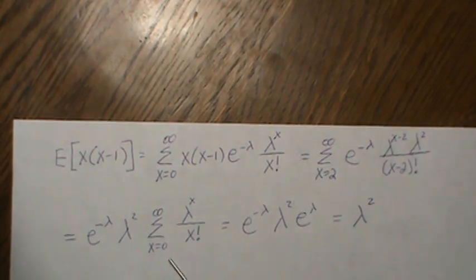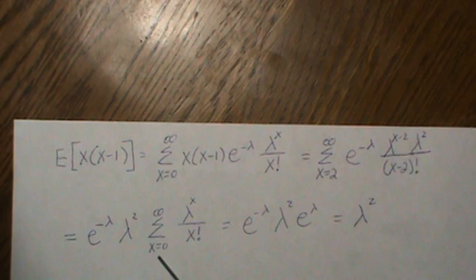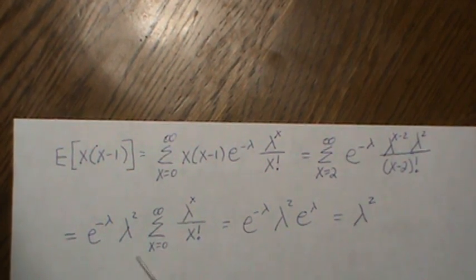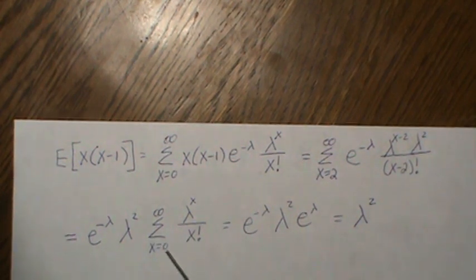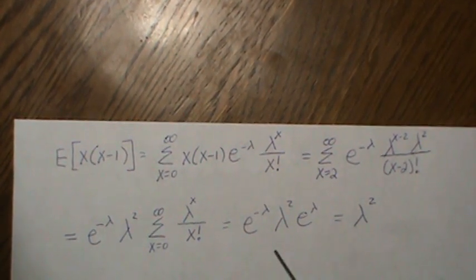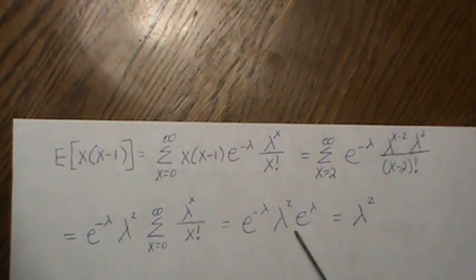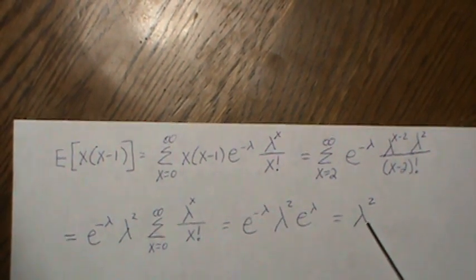But instead of calling it Y, I just call it X again. So this is equivalent to this. Well, this is the Taylor expansion of e to the lambda. And then when you combine those, it's 1 and you get lambda squared.